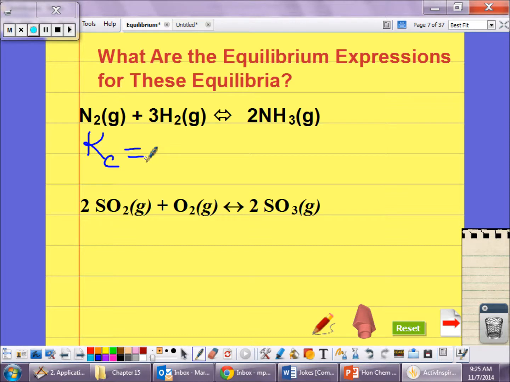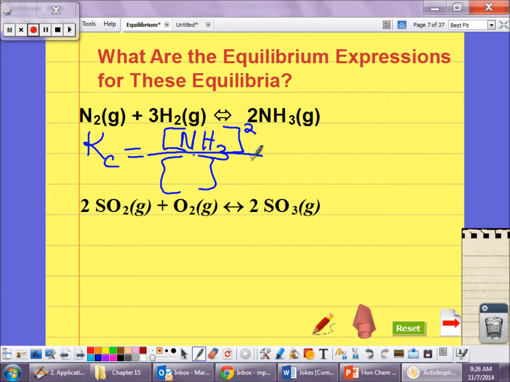I put my fraction bar. I know I have only one product. I will put my square bracket for concentration. I know I have to use the coefficient as exponent. I will put the 2 here, and I put my substance right here. Over, I have 2 of them.